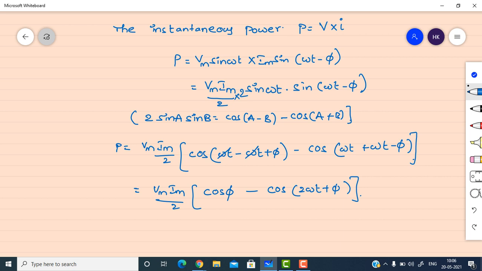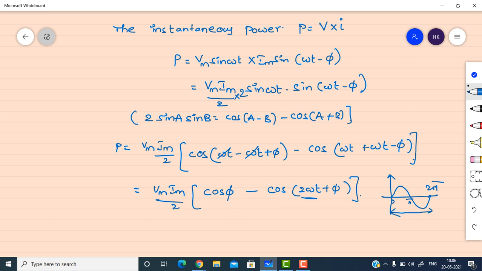Now I want to find the average power consumed for the given series RL circuit. Whenever you are finding an average value, we have to find it over a complete cycle. See here, 2ωt is there. In a sinusoidal or cosine function, this is 0, this is π, and this is 2π. 2ωt means that is a full cycle.